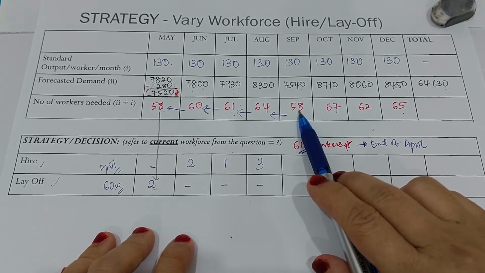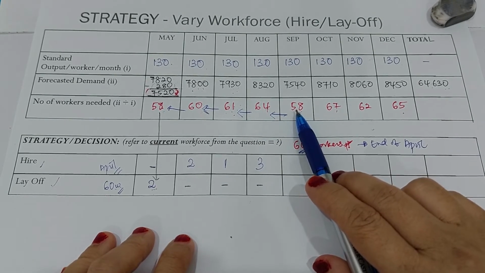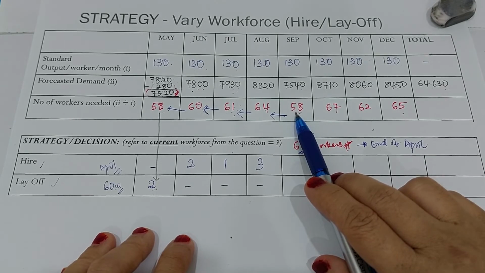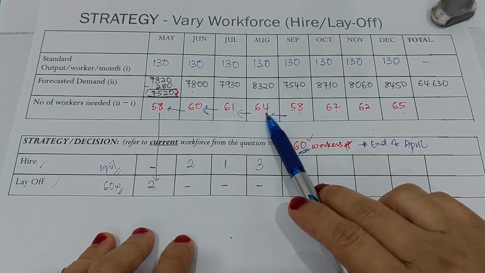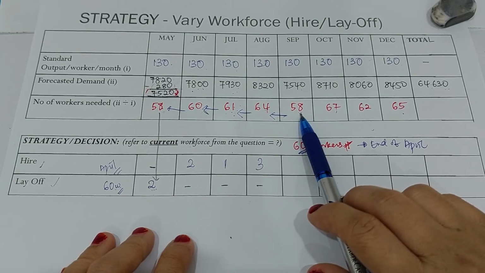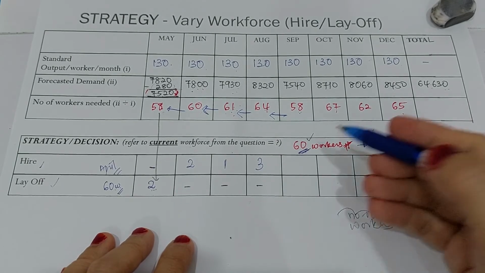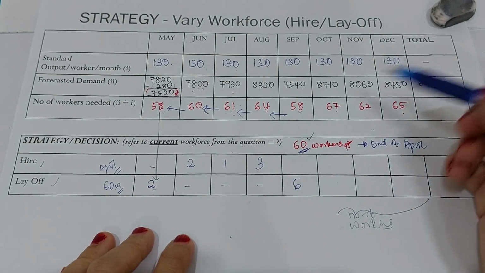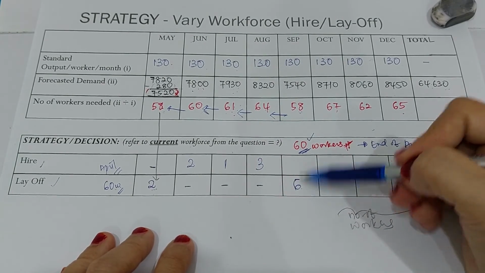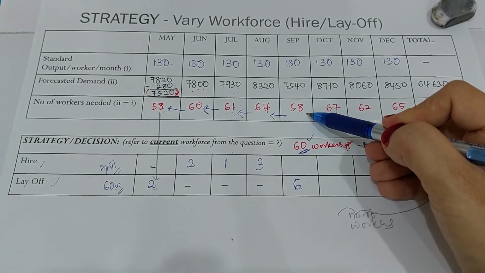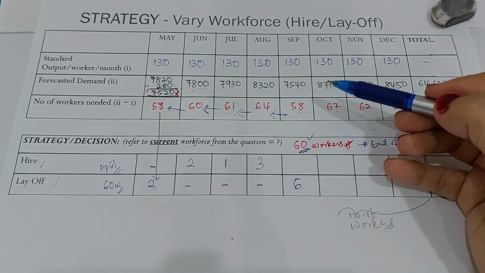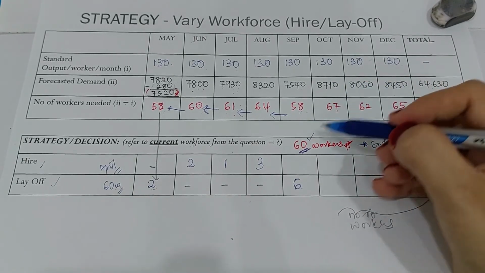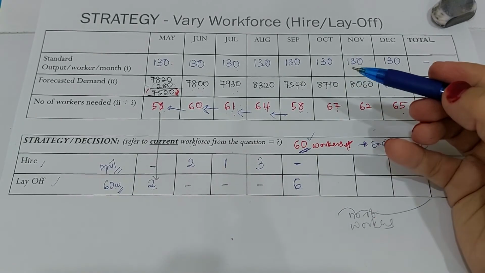So we need to reduce, or minus off. We need to lay off some workers. So from 64 workers, to get 58 workers, we need to lay off 6 workers. 64, we lay off 6, we get 58 workers. Then there is no hire.